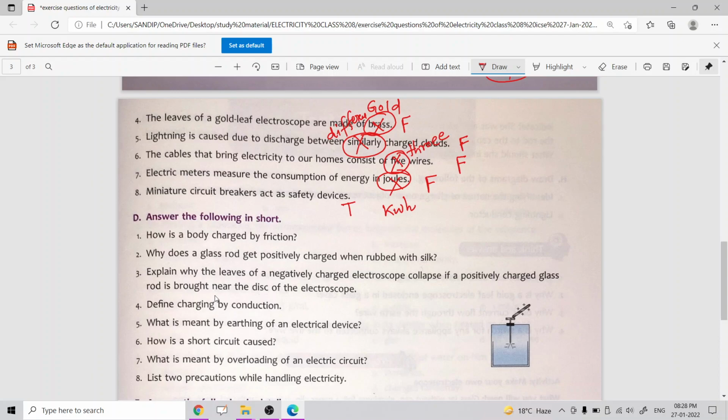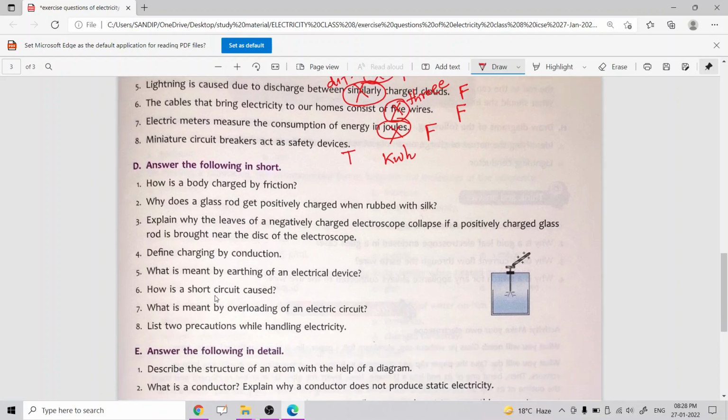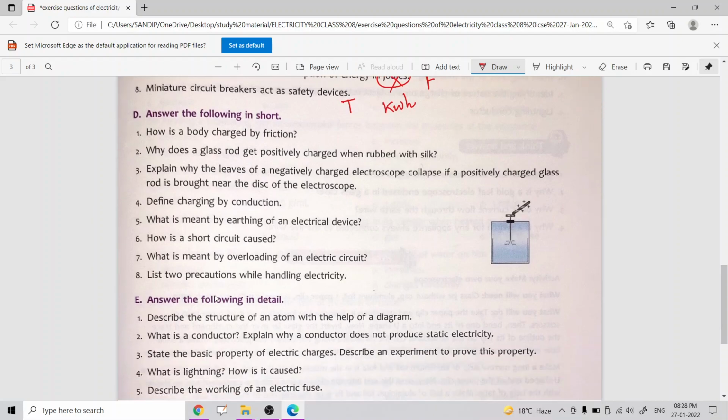Okay, now we move to the next part, that is, answer the following questions in short. Okay, all the answers you get from your book, so I just discuss shortly. So first one is actually, how is a body charged by friction? Okay, in general, if you take two bodies and you rub one body with another body, then some charges actually move from one body to another body.